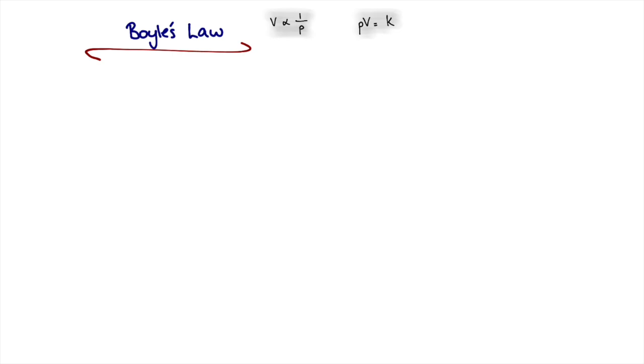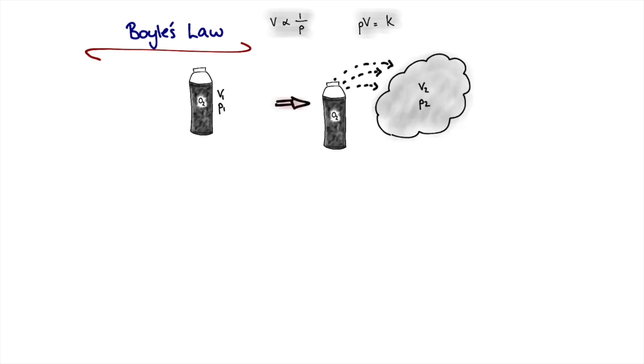Boyle's law also gives us a way to calculate the amount of available oxygen from an oxygen cylinder. So let's say we've got a pressurised oxygen cylinder here, and we open up the valve and release the oxygen. We've got a situation where we've got a starting volume and a starting pressure, and a finishing volume and a finishing pressure.